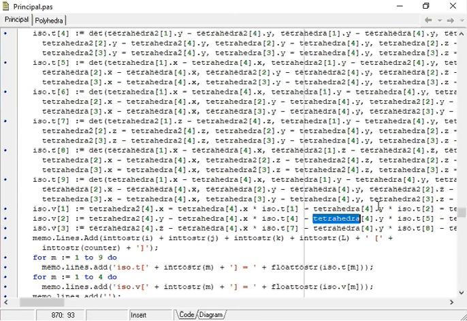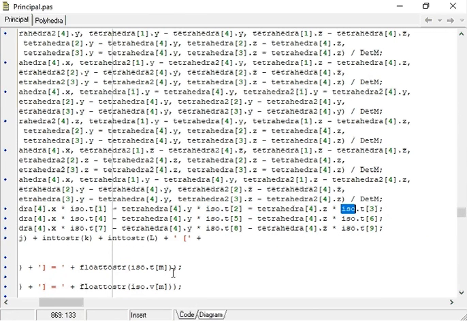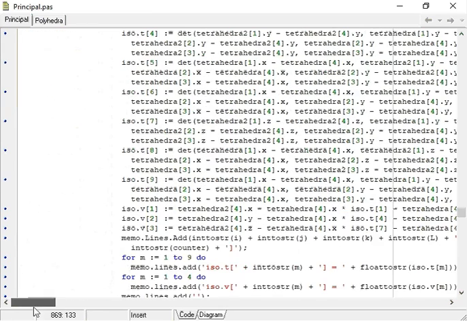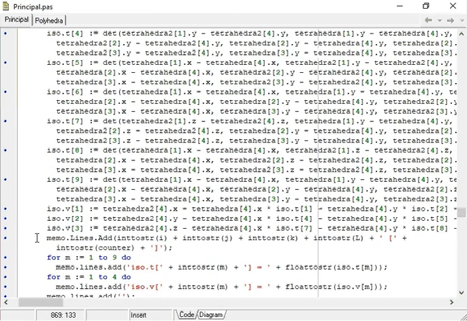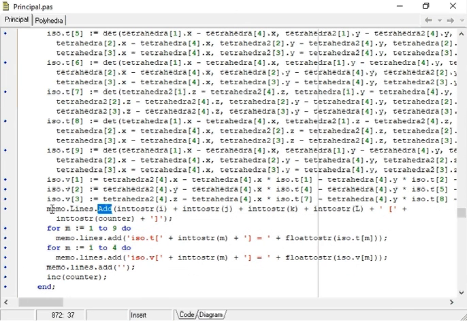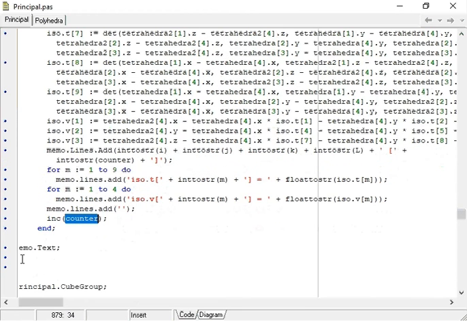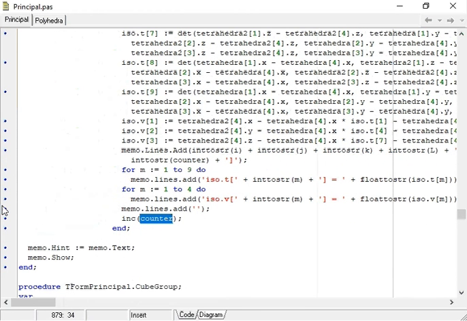Now I put the answer at a memo, and I increment the counter. And which is the solution?